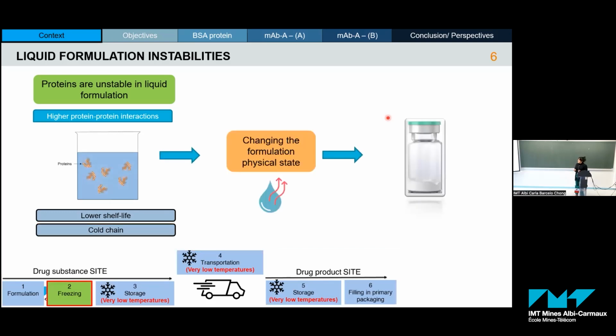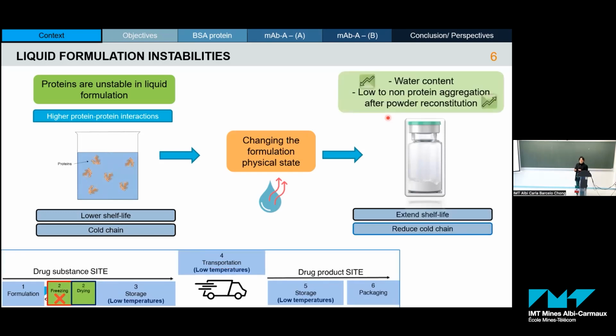To tackle this problem, we can perform a change in the formulation physical state to pass from a liquid to a powder formulation by using drying techniques. With this, we can expect to extend the shelf life and as well to reduce the cold chain and the temperatures used.